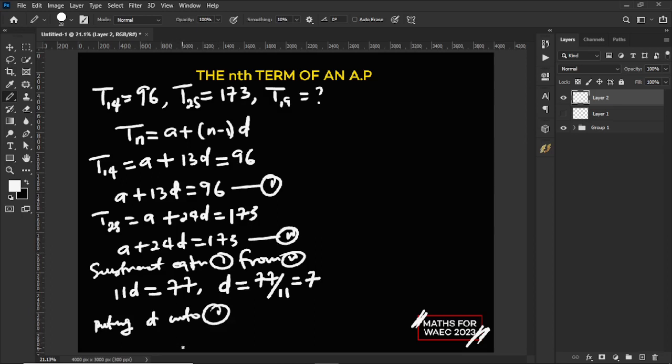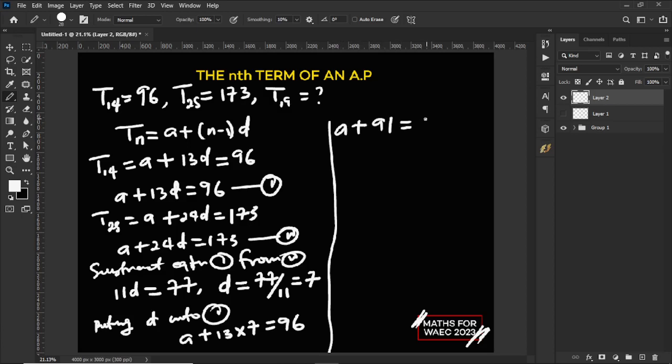So that will be A plus 13 multiplied by 7 equal 96. 13 multiplied by 7 will give you what? 91. So A plus 91 equals 96. It means A is equal to 96 minus 91, that is 5. So A is 5. All right, so we've gotten the value for A now.